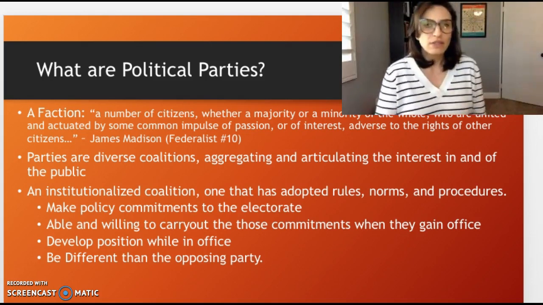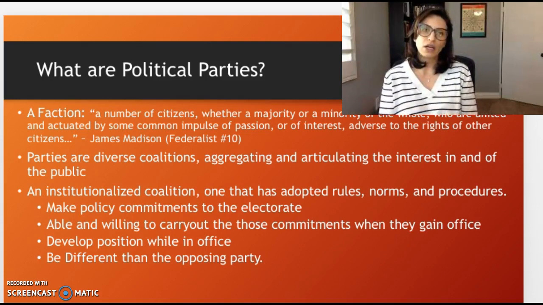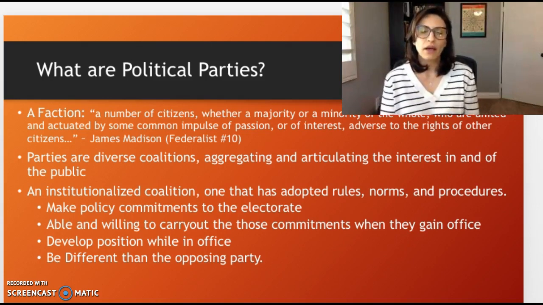Parties are also defined as a diverse coalition aggregating of people, of issues, of policies, all of which articulate the interest in and of the public.